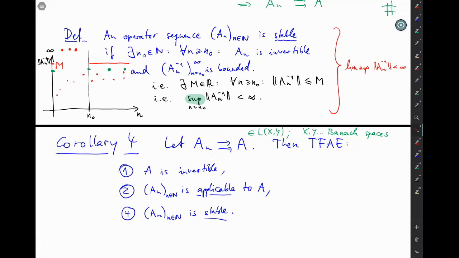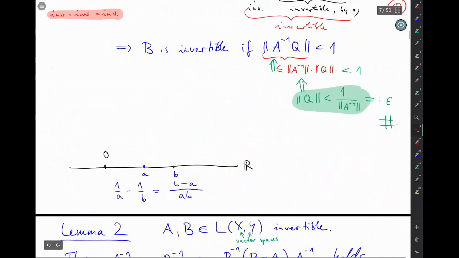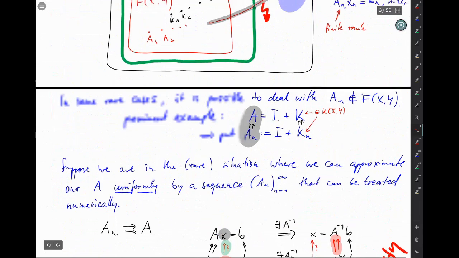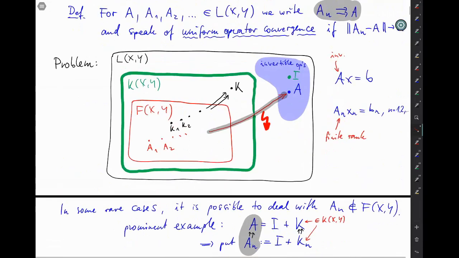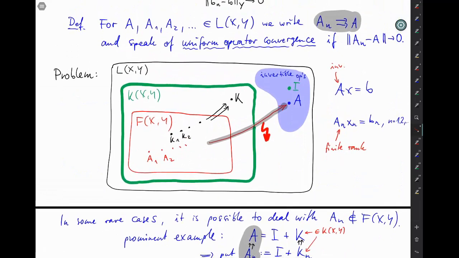But remember that often you don't have that. So if we go back to the beginning of chapter 3, then we found out that typically you cannot expect to approximate your invertible operator A by a sequence of operators an that you can treat numerically, which usually means finite rank ones.